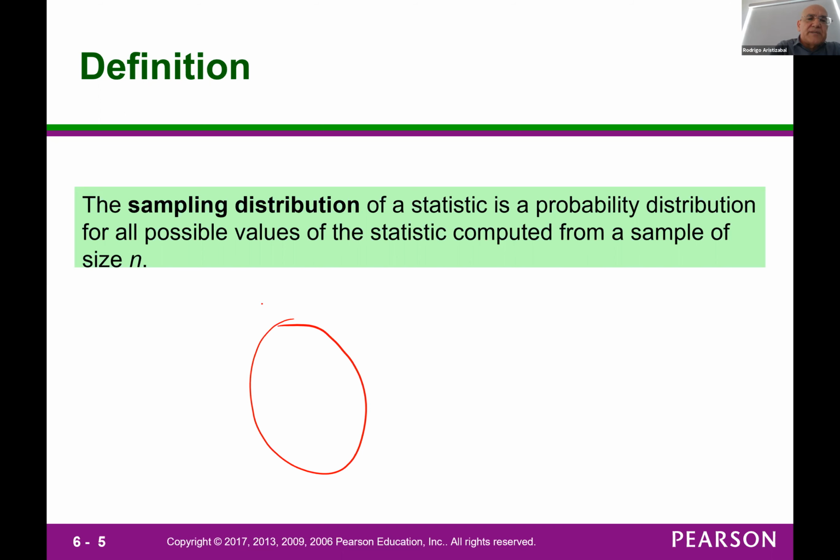If we have a population, and in this population we have members, and we decide to do a study about one parameter of this population, we are going to select one sample, and in this sample we are going to measure this statistic. Suppose that we have a sample of this size.